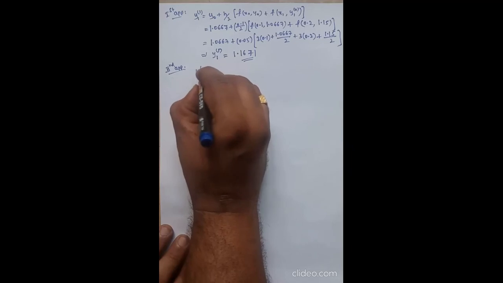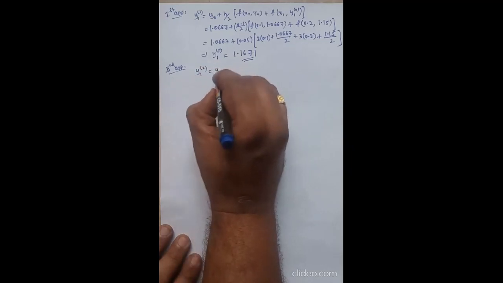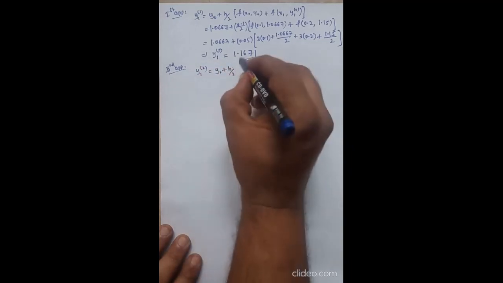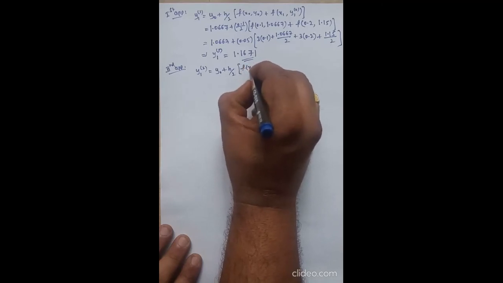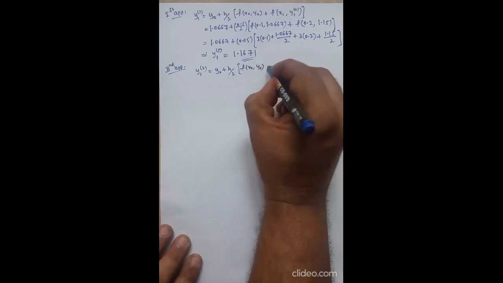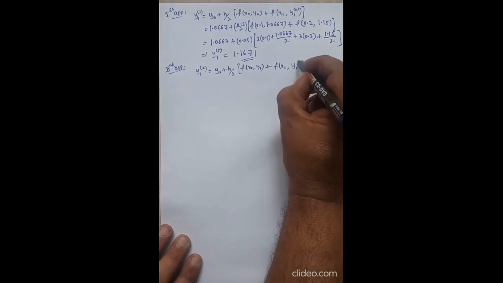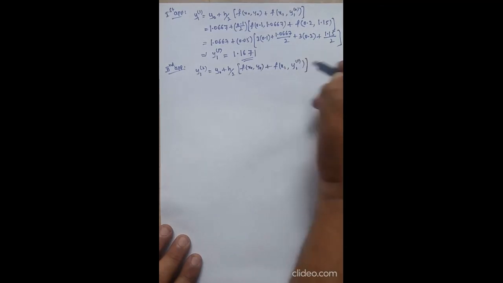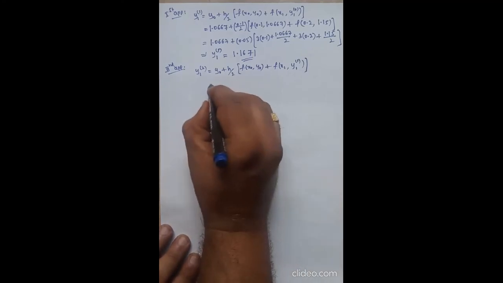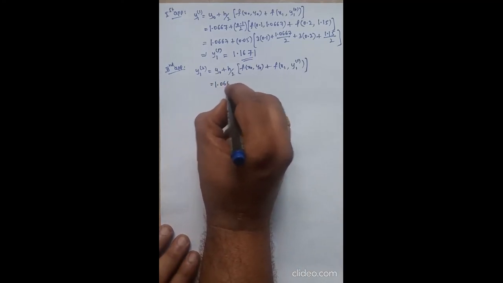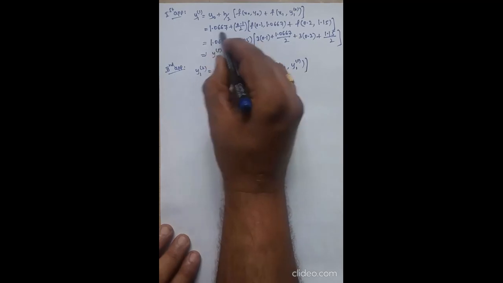So the formula you know, y1 power 2 equals y0 plus h by 2 into f of x0 comma y0 plus f of x1 comma y1 power 1. So substitute the values. Y0 is 1.0667. So the entire thing is the same.